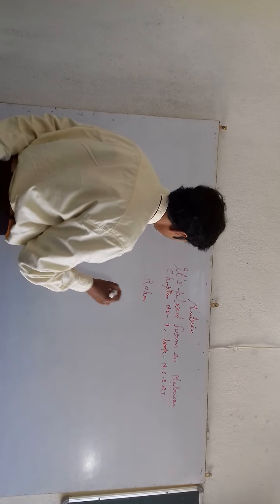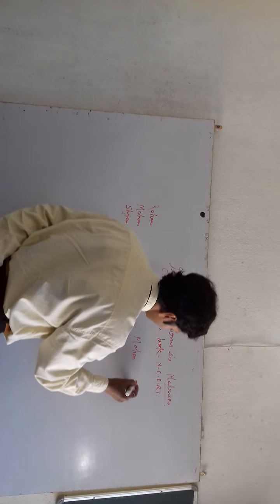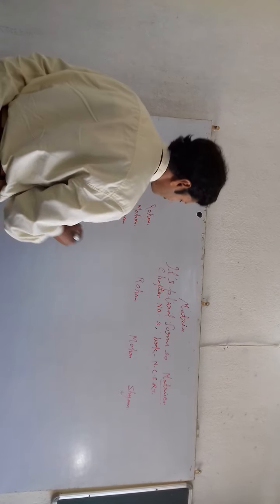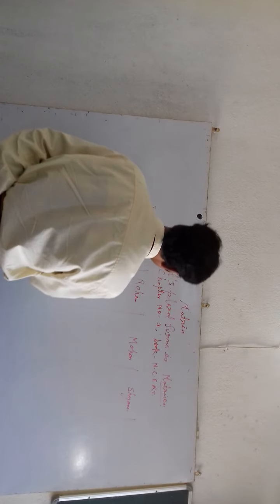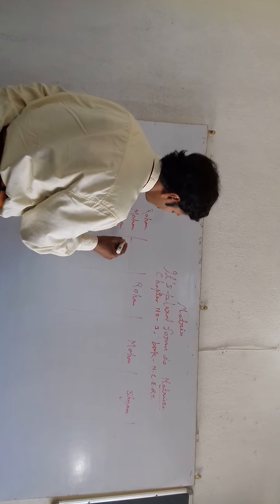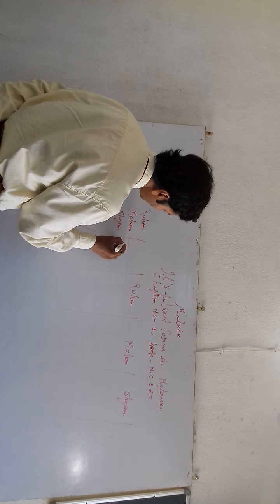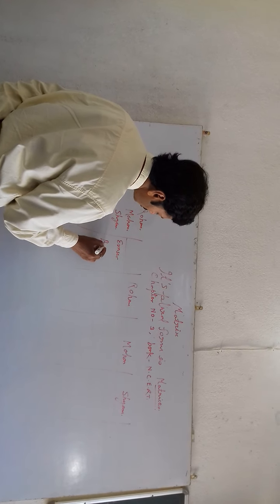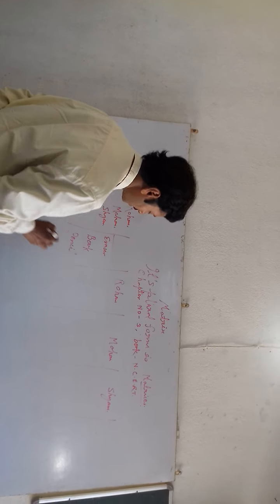The numbers of items are like this: eraser, book, pencil.